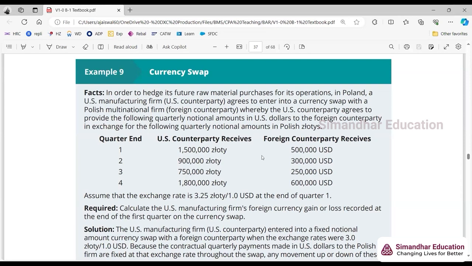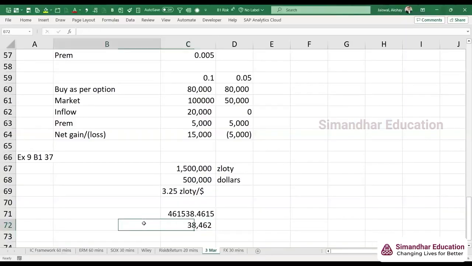Because we are getting the money in zloty, right? I am talking from the US part, so I'll write that US party viewpoint, right? Because we are in the US, right? Means we are not in the US, but we are studying for the US. Okay, why will loss be there? From the US party viewpoint, the US party is receiving zloty.